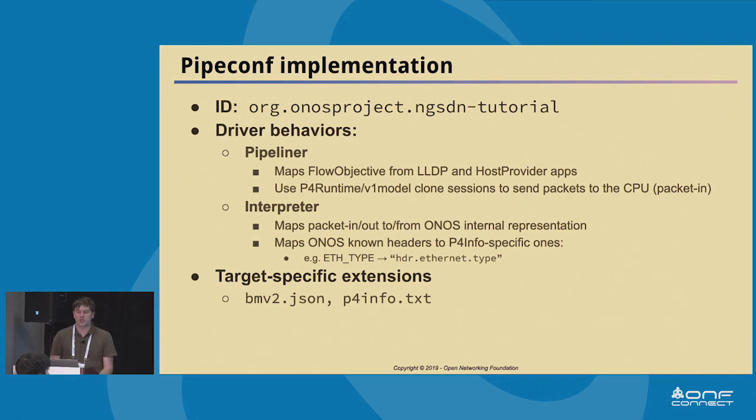You can look at the implementation if you want, but it's not necessary. And we use a P4 runtime feature called clone sessions to be able to clone these packets to ONOS as packet ins. Then we have an interpreter implementation that is used to map the packet in, packet out metadata to and from the ONOS internal representation, and to map the ONOS known headers to P4 info specific ones.